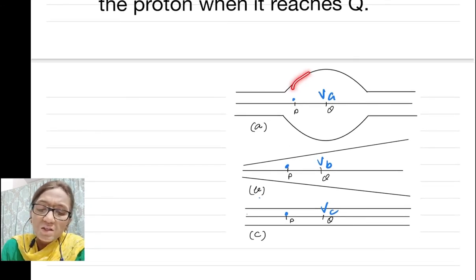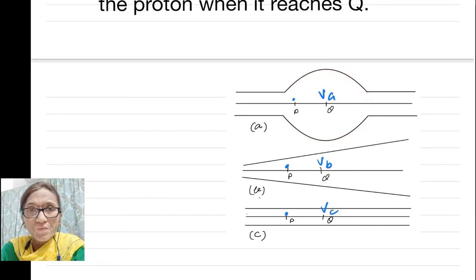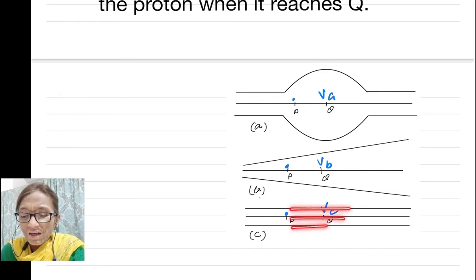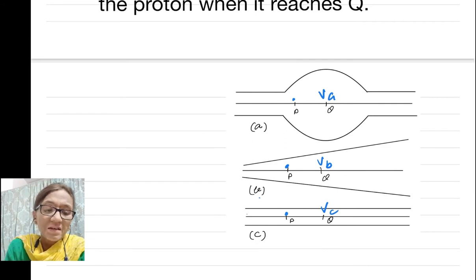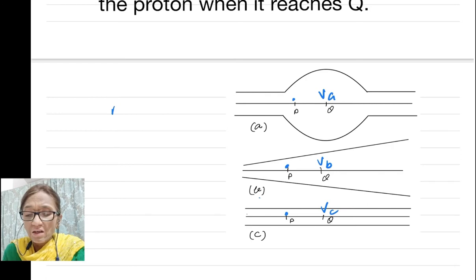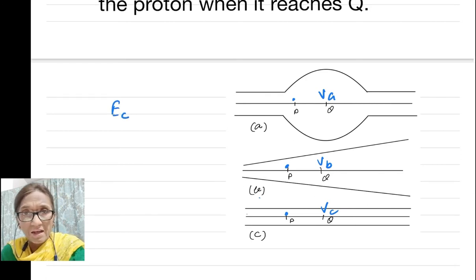Here it is showing the electric field. The field lines show you the magnitude and direction of the electric field. Here the field lines are close to each other. Density of field lines is highest in this very case, in case C, and therefore you can easily assume that the electric field at C is highest.